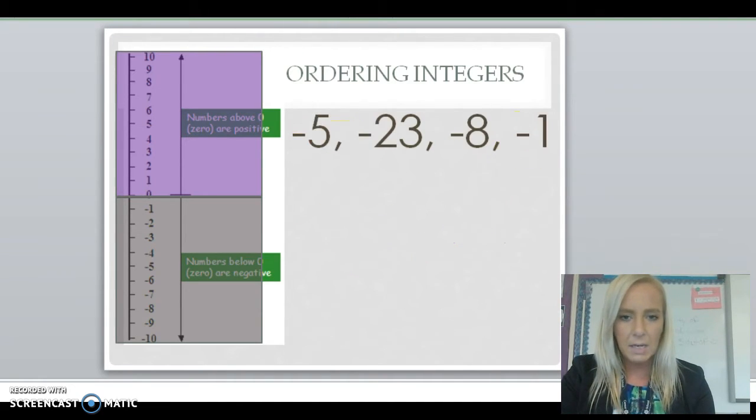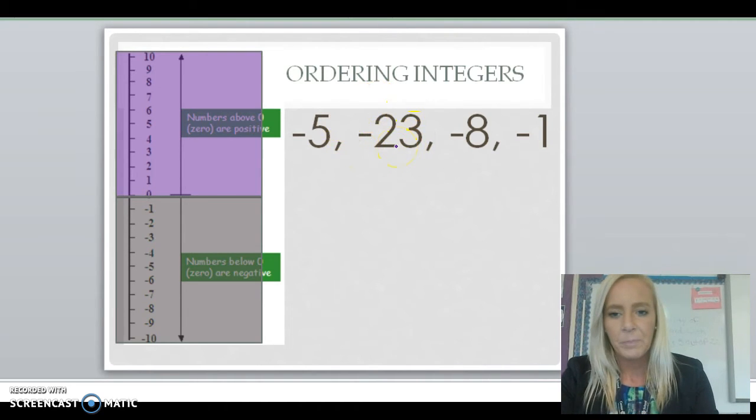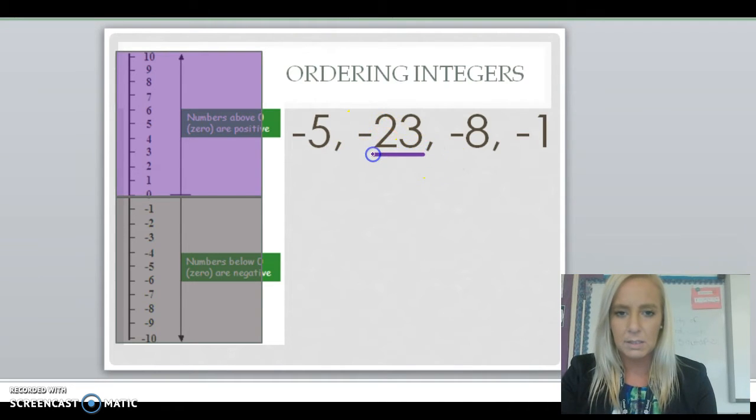One more slide. This is probably the hardest. All of my numbers are negative. At this point, I need to determine which integer is furthest from 0. In this case, -23 is the biggest digit, therefore it's the furthest away from 0.